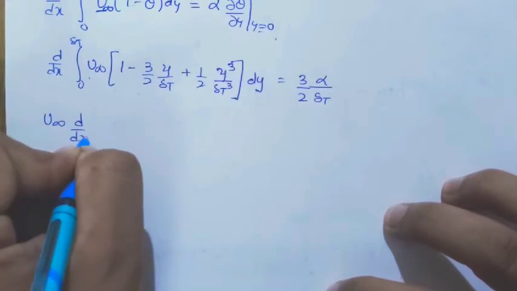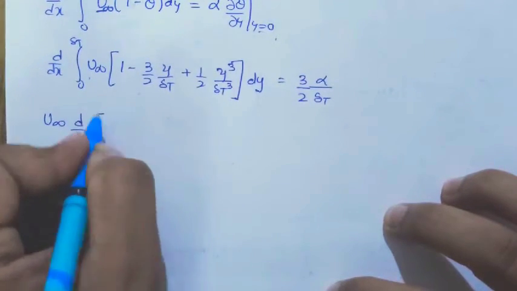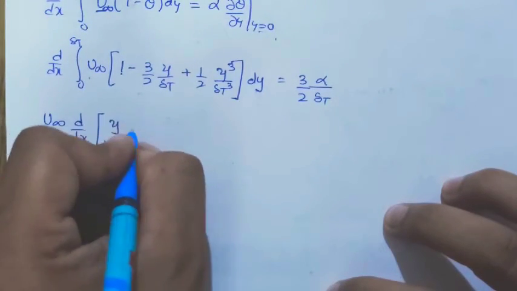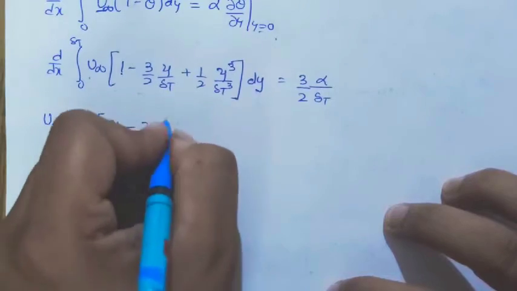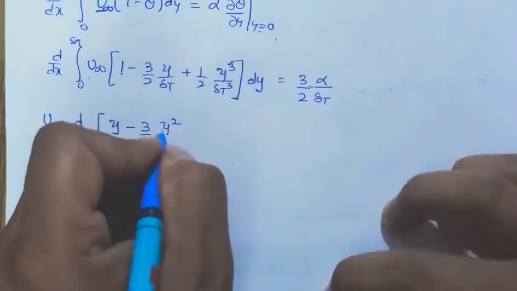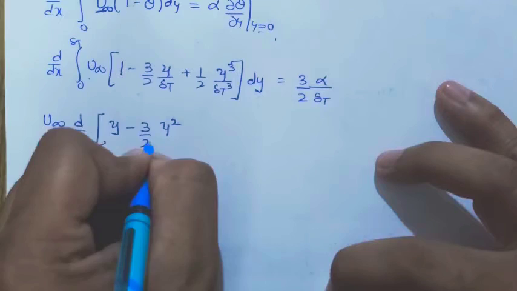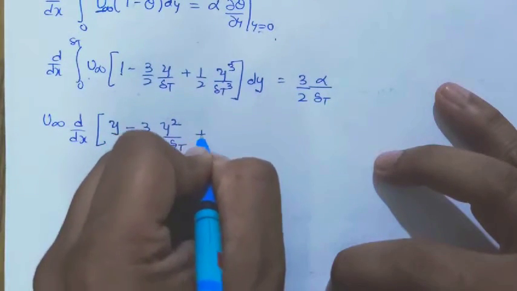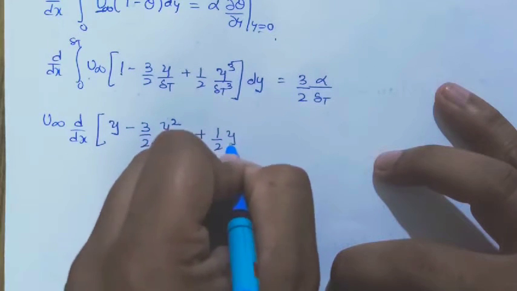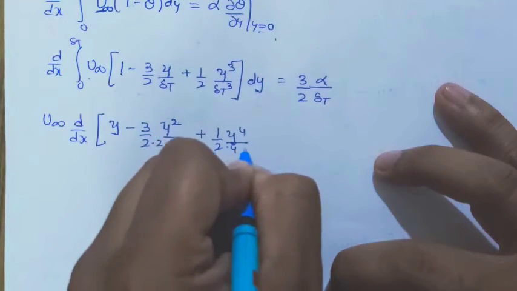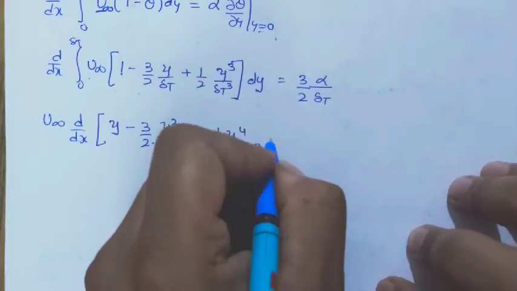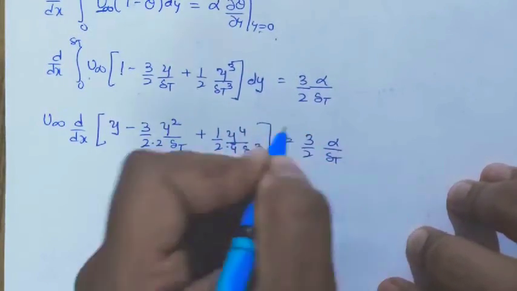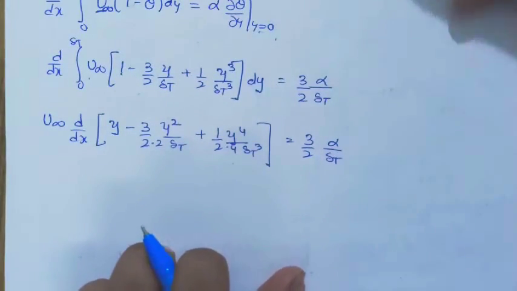And we have dy, dx of 1, the integration with respect to dy is y minus 3 by 2 y square by 2 delta t plus y to the 4 by 4 delta t cube, as 3 by 2 of this delta t, right?